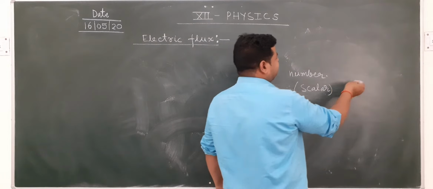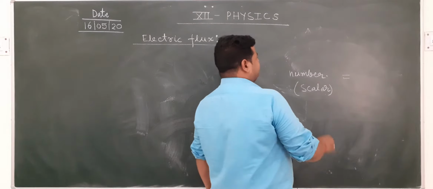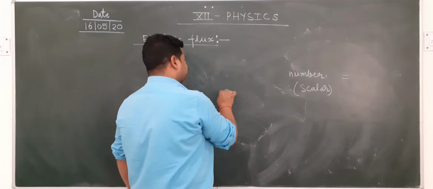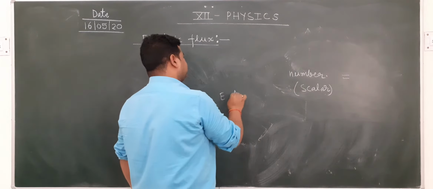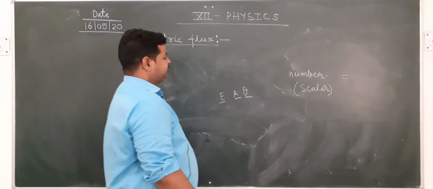For electric flux, E and A, and the angle between E and A, are required.